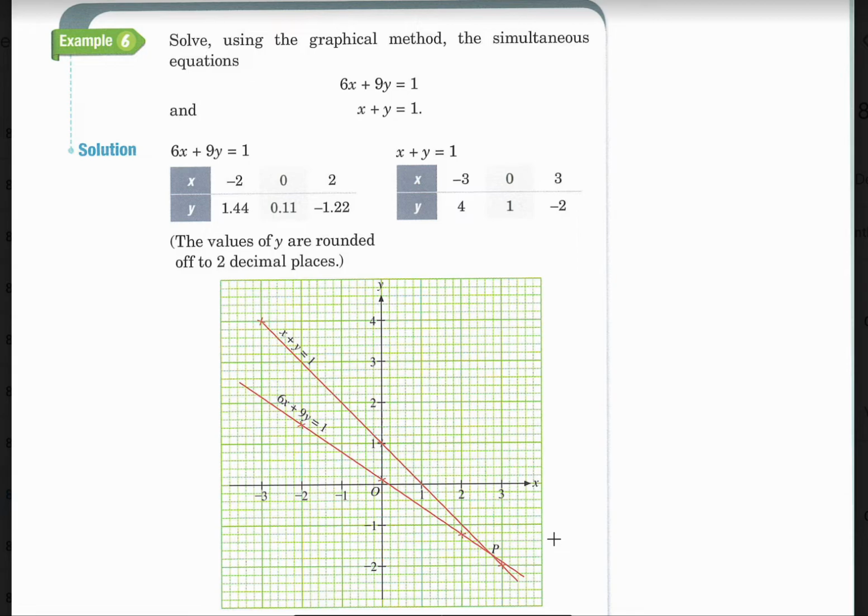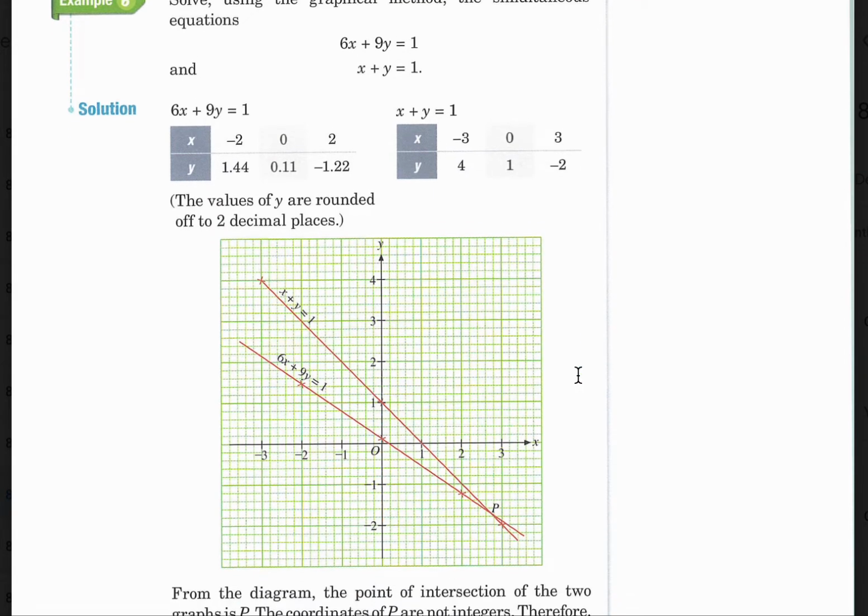So if yours doesn't look quite like this, that's okay, but it needs to look similar to this. And we see that it's intersecting at this point, which is pretty ugly. It doesn't have whole numbers in its answer, so it's going to be a fraction or decimal. We don't like that, but it is the problem. Even though we don't like it, it is what it is.